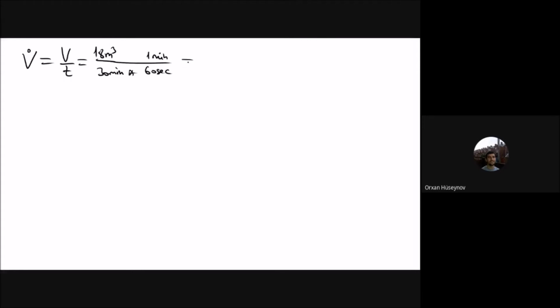Therefore, you can tell me the final value for V dot. From this V dot, I can find the velocity, so that will be the easier part. V dot, the volume flow rate, is velocity times area. What is the V dot value?